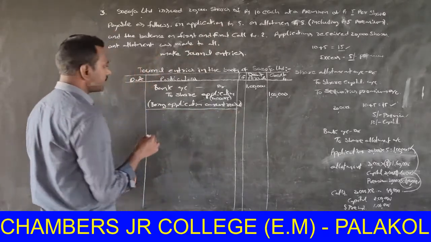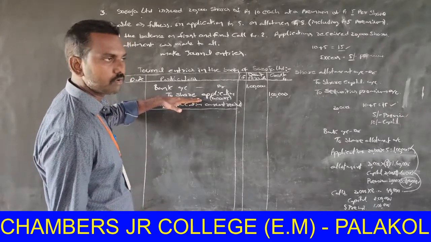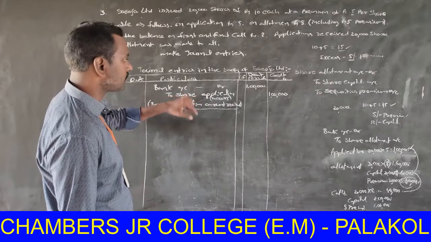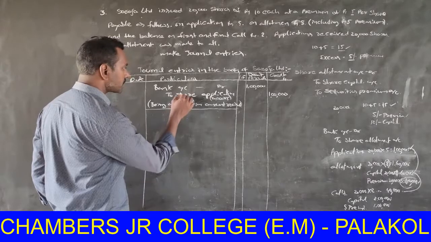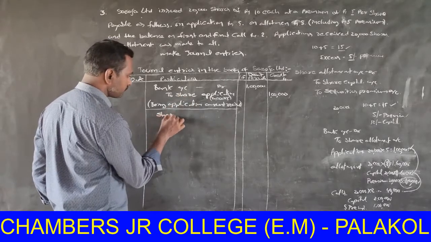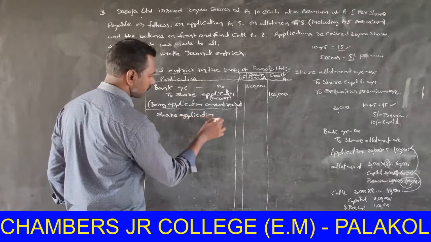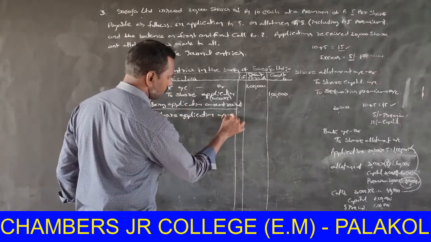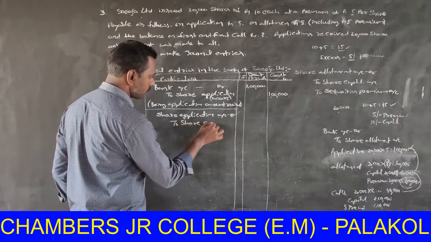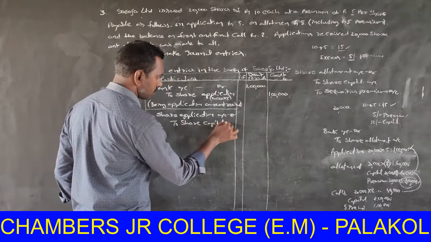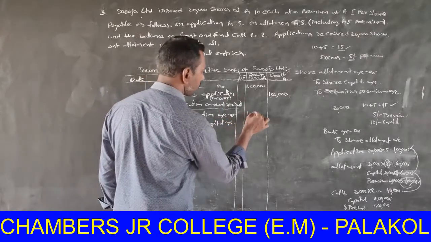Now the second entry: the share application amount is transferred to share capital account. The journal entry is share application account debtor to share capital account, same amount.